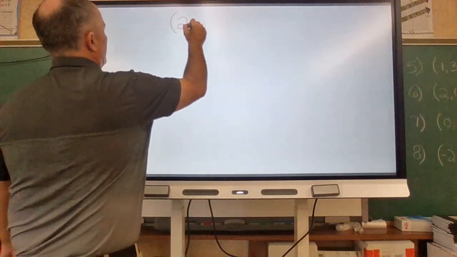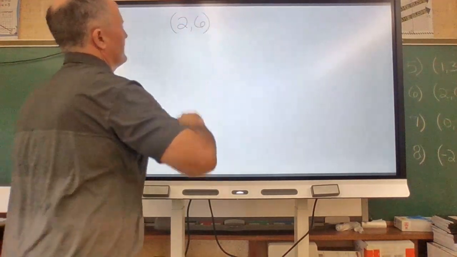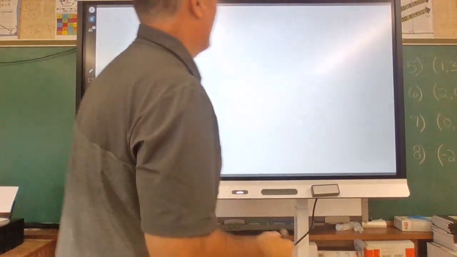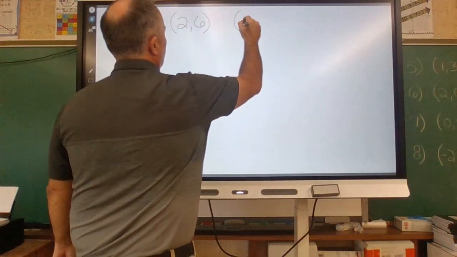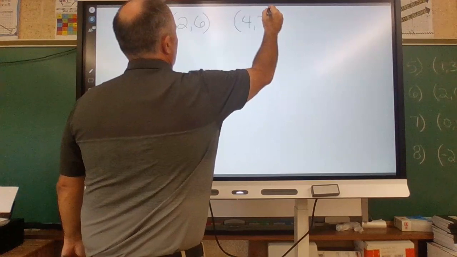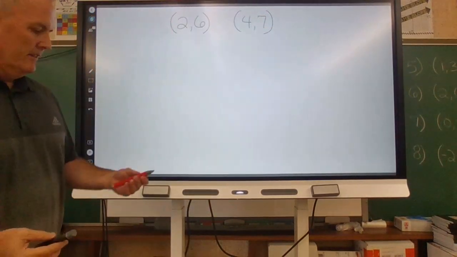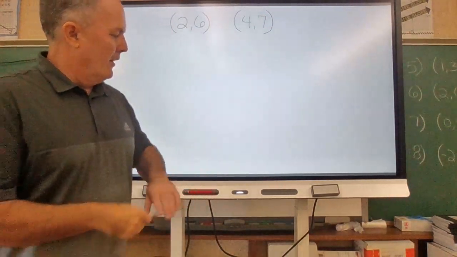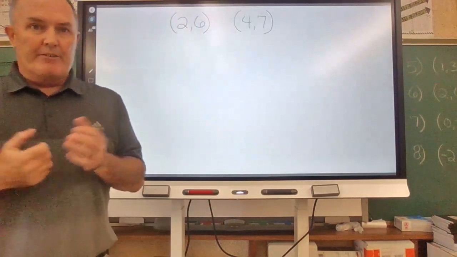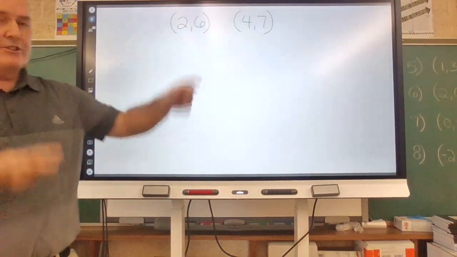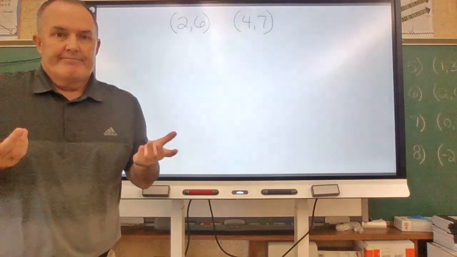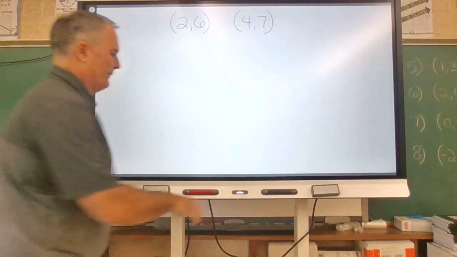Number 6 is (2, 6) and (4, 7). All right. So here, we don't have a slope. All we have are 2 separate points on the graph. So we've got to solve for slope.